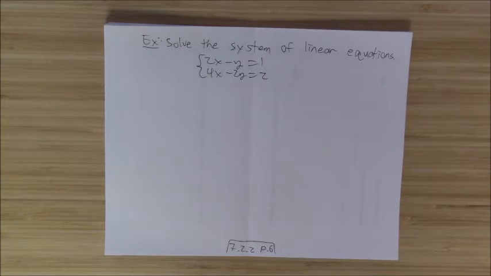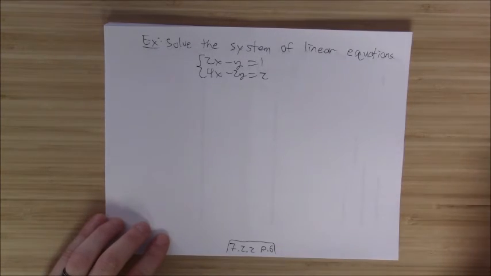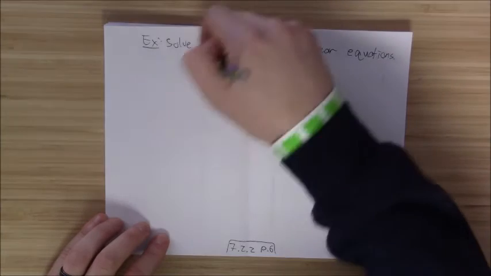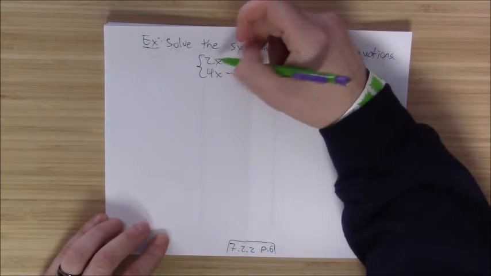Let's do one more example. Let's solve this system of linear equations. Let's go ahead and multiply the top by negative 2.